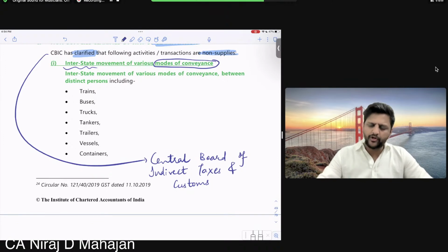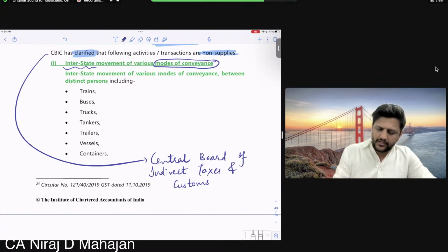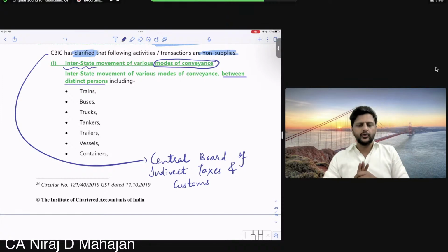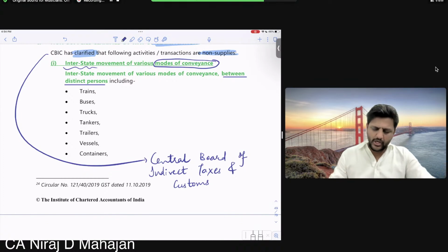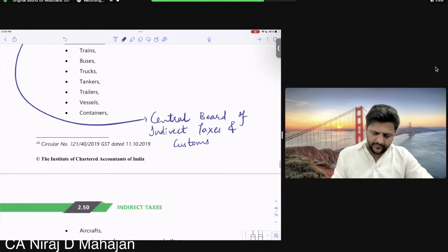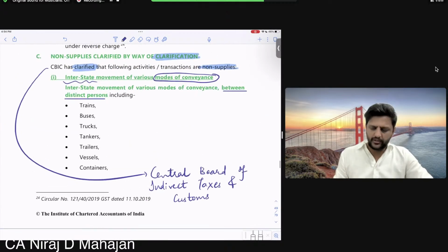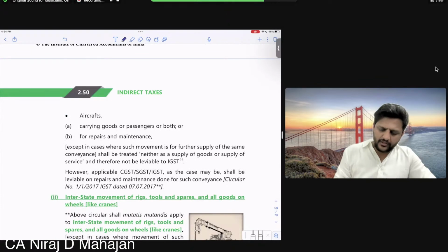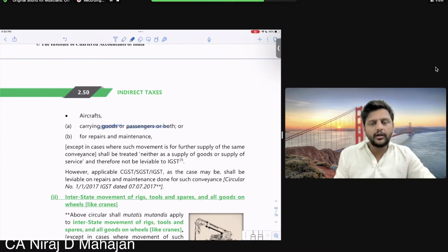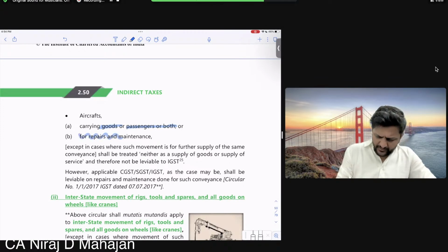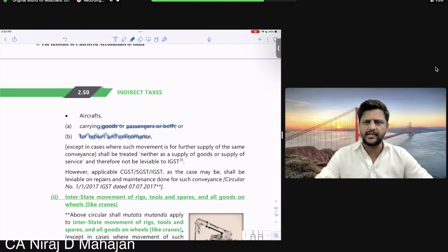So interstate movement of various modes of conveyance between distinct persons, including train, buses, trucks, tankers, trailers, vessels, containers, aircrafts. But what are they doing? What are they actually doing? Carrying either goods or passengers or both, or for repairs and maintenance.